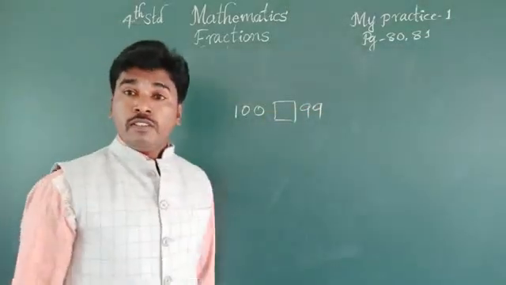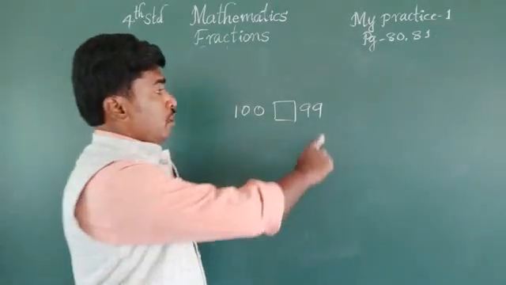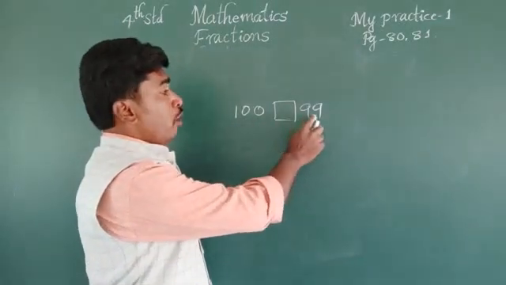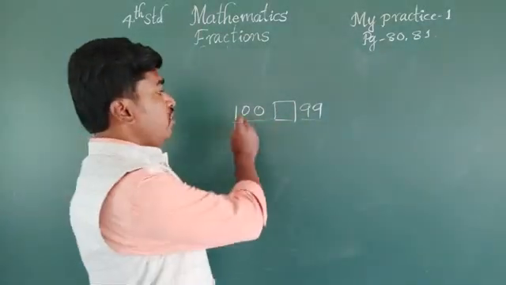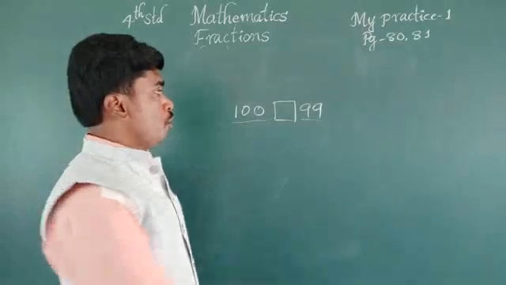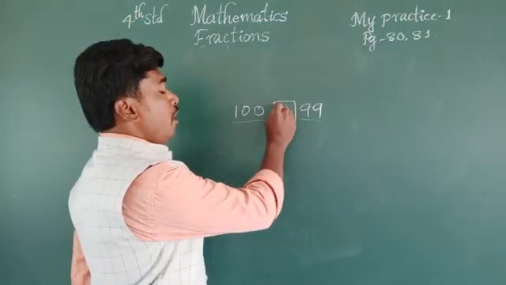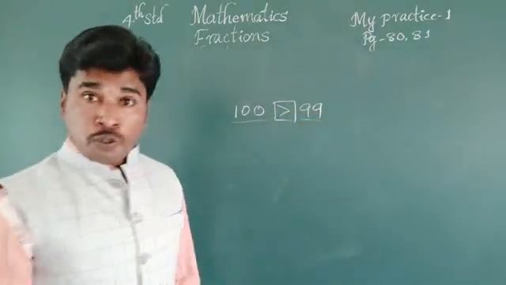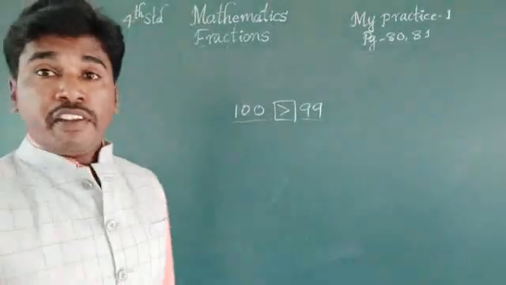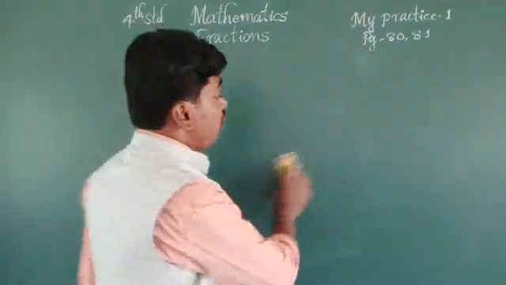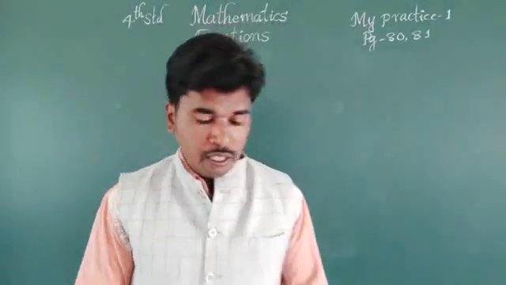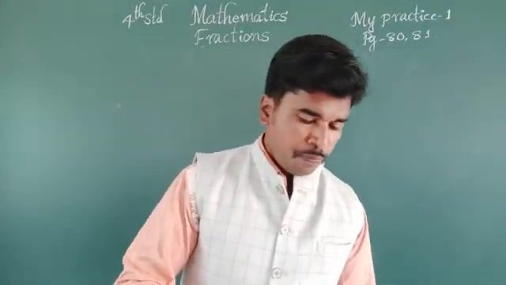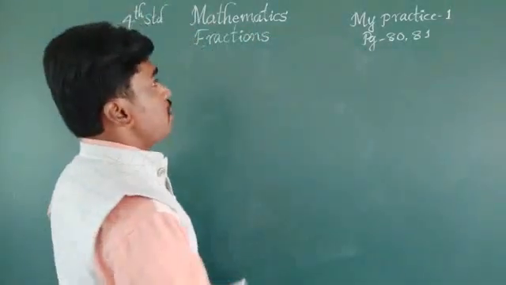You observe the digits. How many digits does it have? 3 digits. It is 2 digits. So 100 is greater than 99. So here also you are comparing fractions. Which fraction has the greater value? So now I should proceed to my practice time 2.